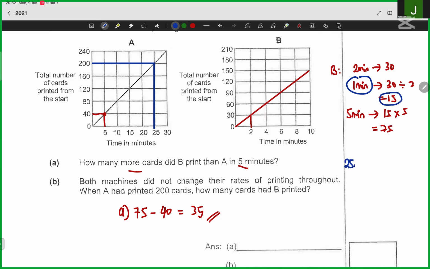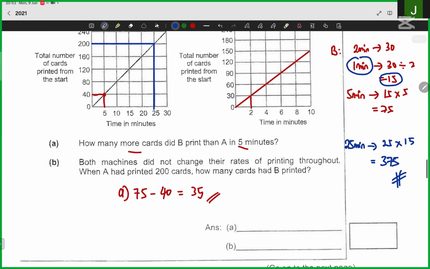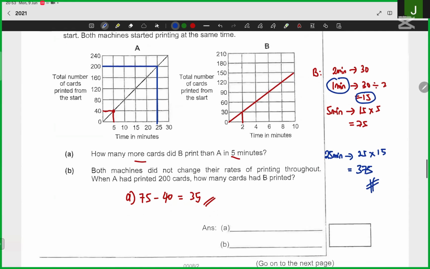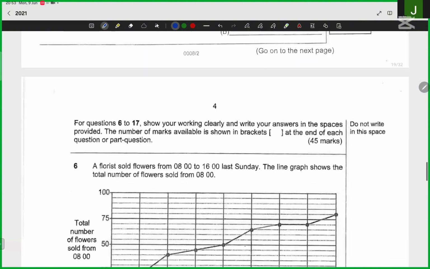So 25 minutes would just be 25 times 15, which is equal to 375, I think. Yeah, 375. Oh, this is 25, so 25 is linked down here.